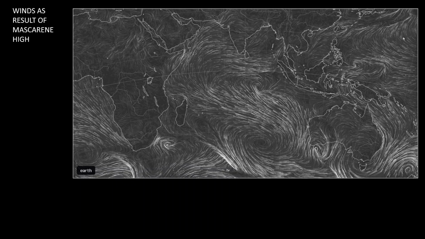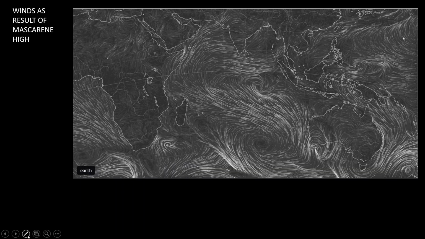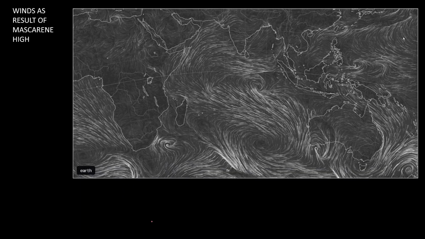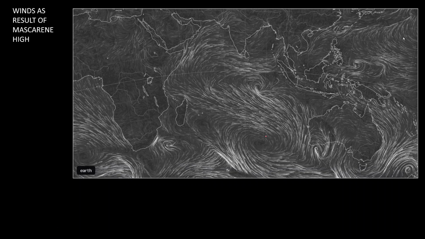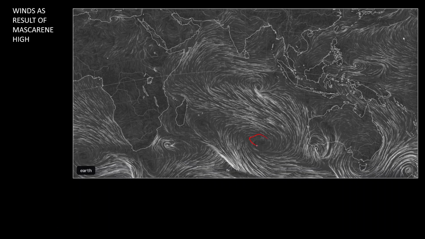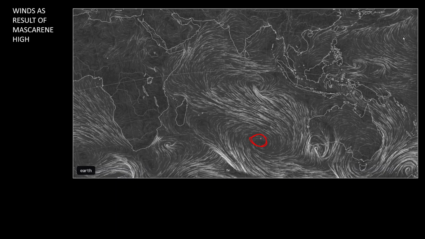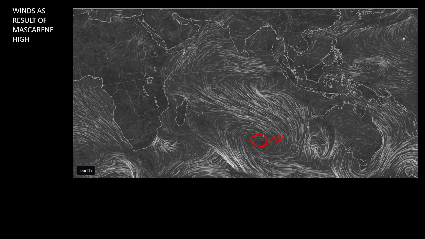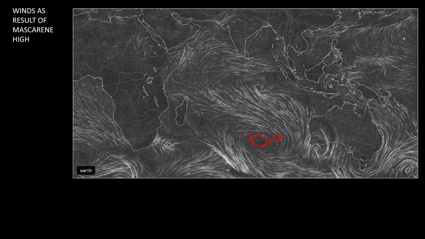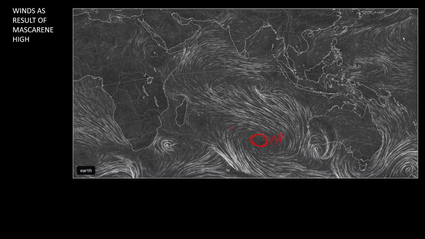Because of the Mascarene High, you can see the direction of these winds. This is the high pressure zone, and you can see the direction of these winds from this area.